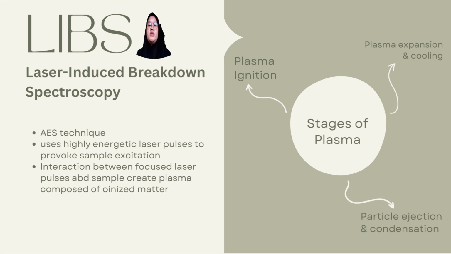Plasma light emissions can provide spectral signatures of the chemical composition of many different kinds of materials in solid, liquid, or gas state.